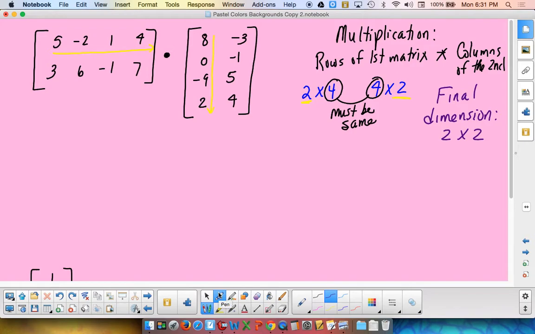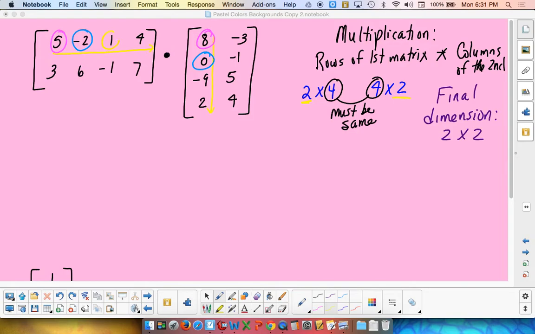And so what you're going to do, if you recall, is take the first number times the first number. You take the second number in the row times the second number in the column. Then you take the third number in the row times the third number in the column.